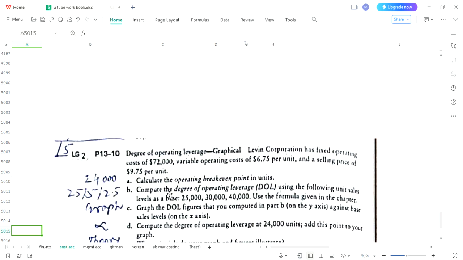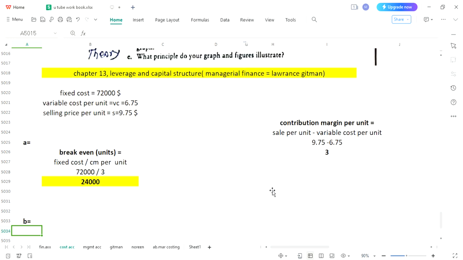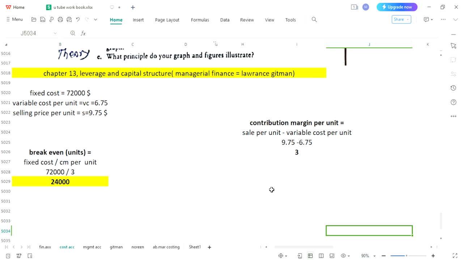Now we will see what is required in B point. Compute degree of operating leverage using the following unit sale levels: 25, 30 and 40,000. These are units and we actually need to calculate degree of operating leverage. Before this calculation, why not write the formula for degree of operating leverage.